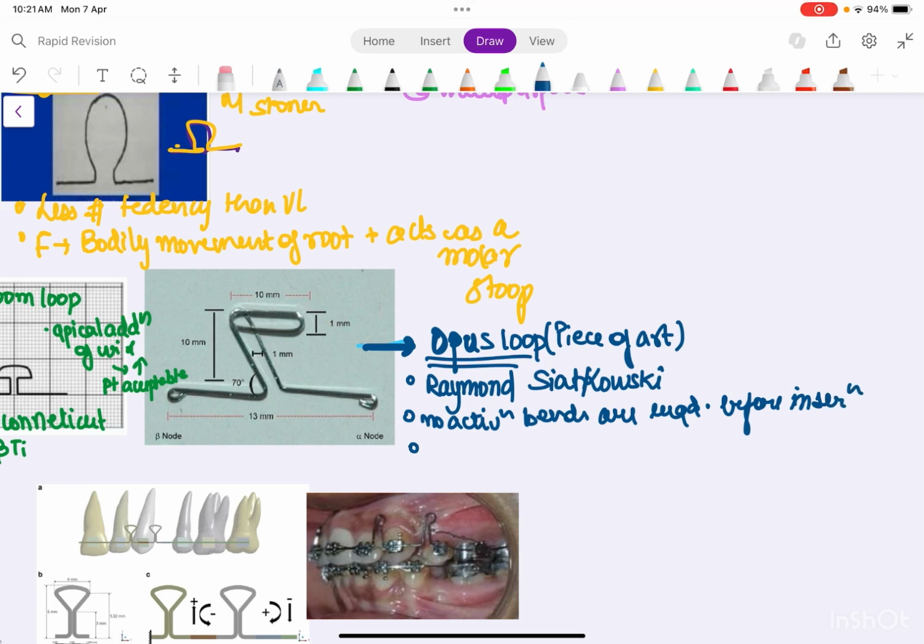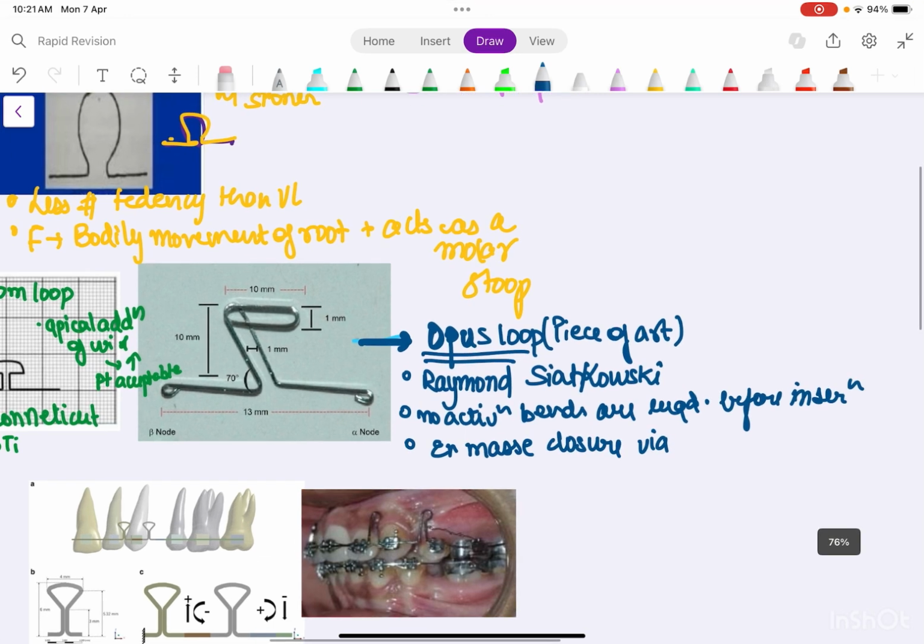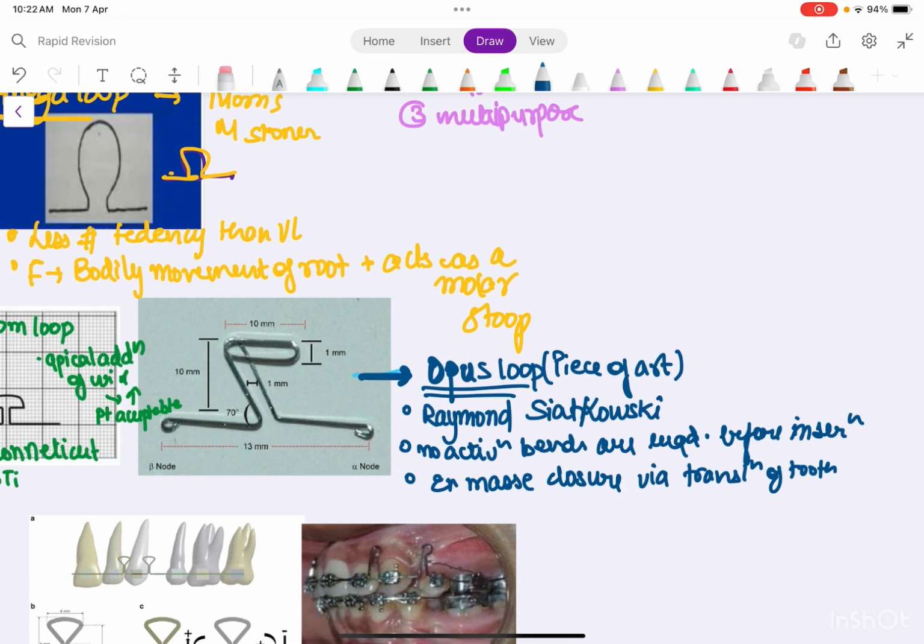Then it basically does en masse closure via translation of tooth. Alright, and it offers precise anchorage control. Alright, and I want you to remember this angle also, which is 70 degree.